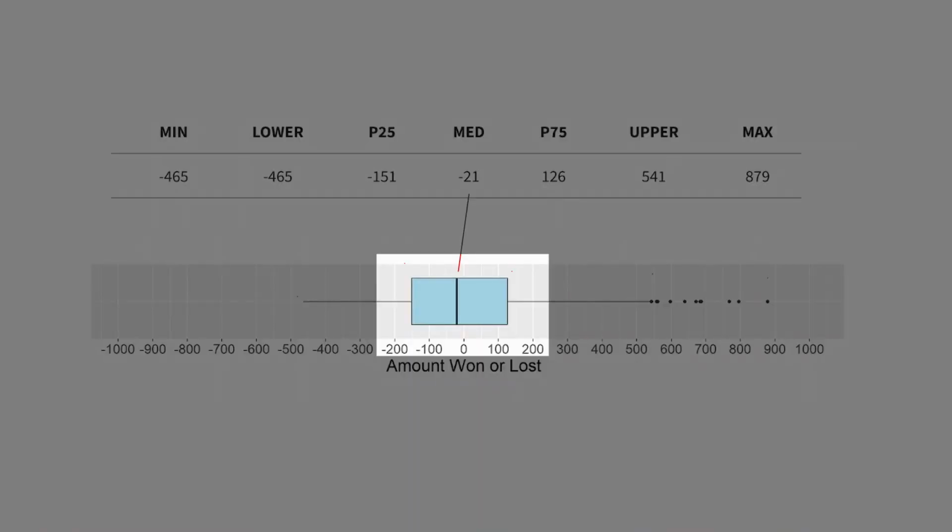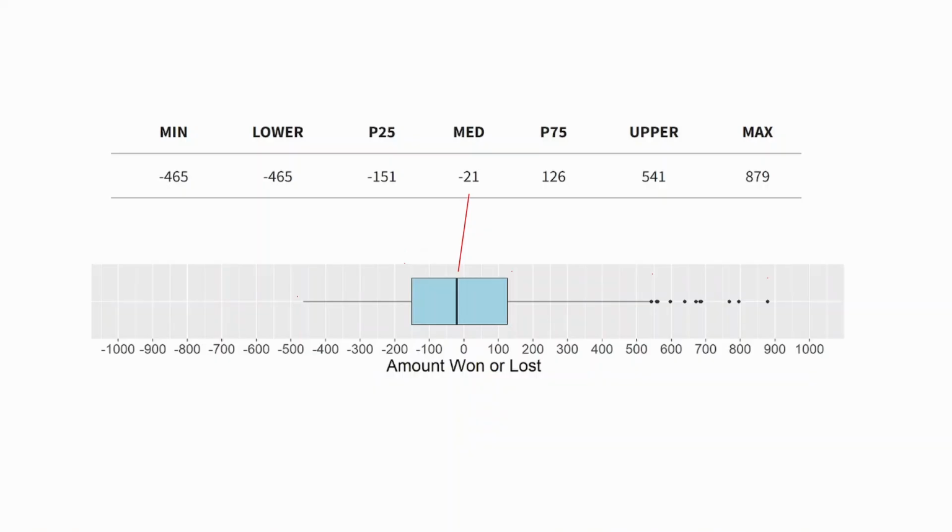The box here is the middle 50% of the sessions. 50% of the sessions were between a win of about $126 and a loss of $151. Then you have whiskers. You can see that the lower whisker is a $465 loss. The upper whisker is a $541 win.